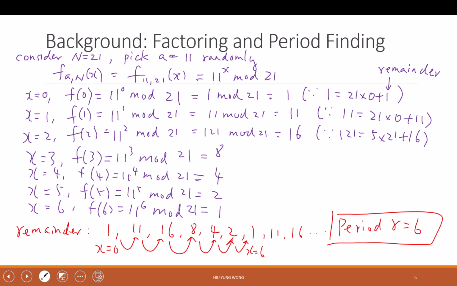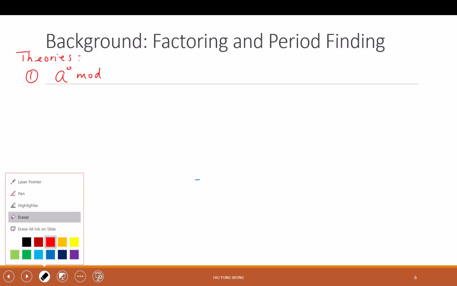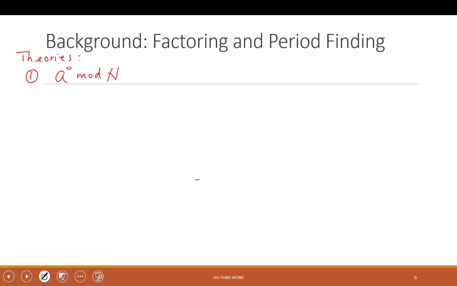Good. So then what? So now we are going to see something more confusing, maybe, and some more theories, okay? First, a to the power 0, modulus n. What is this? Equal to what?